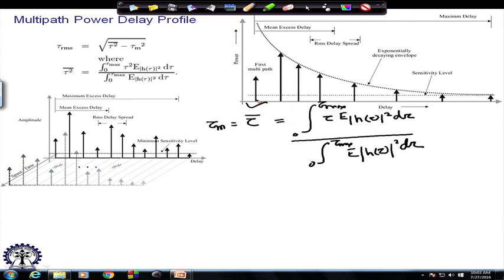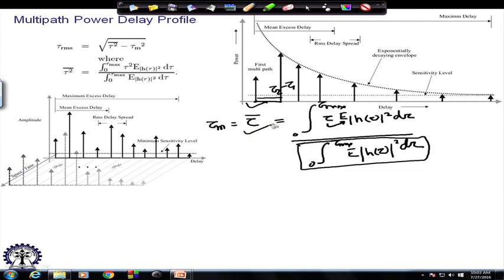So, this one has an excess delay of 0, and this one has an excess delay of tau 2 minus tau 1. The magnitude of h tau squared is the average power at that particular delay. So, we are weighing the delay with the average power, and of course it starts with 0. This has a delay of 0, so it does not have any weight, while this one has a value relative to the starting point. The denominator is the energy in the impulse response of the channel.